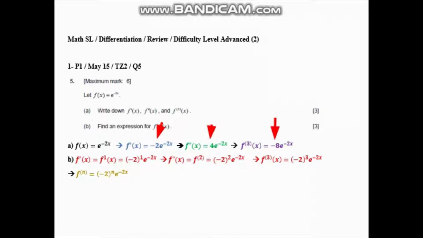So this means that the blue expression had negative 2 to the power of 1. The green expression had negative 2 times negative 2, which is negative 2 to the power of 2. So negative 2 to the power of 2 corresponds to f double dash, the second derivative. Then negative 2 to the power of 3 corresponds to f triple dash, the third derivative. Hence, negative 2 to the power of n corresponds to the nth derivative.